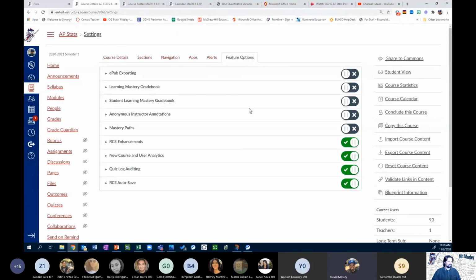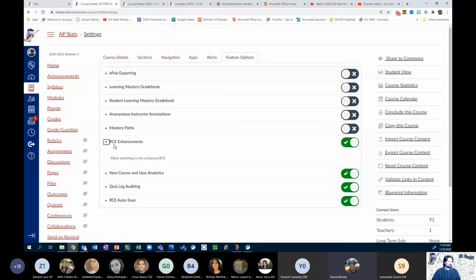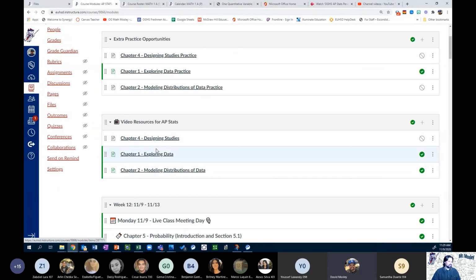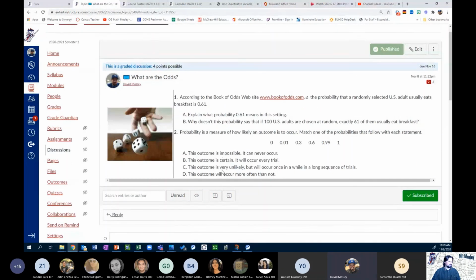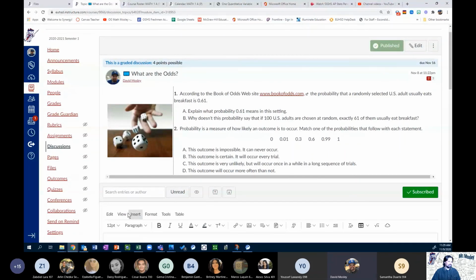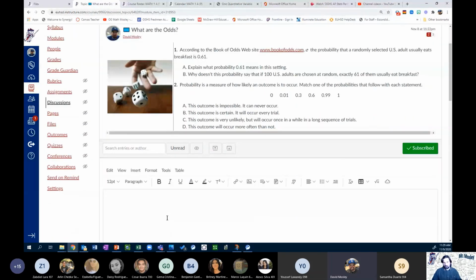Under your feature options, you should have the option for the rich content editor enhancements, this RCE enhancements. If you turn that on, then the editor will look like this, where it kind of looks more like a word editor, right?